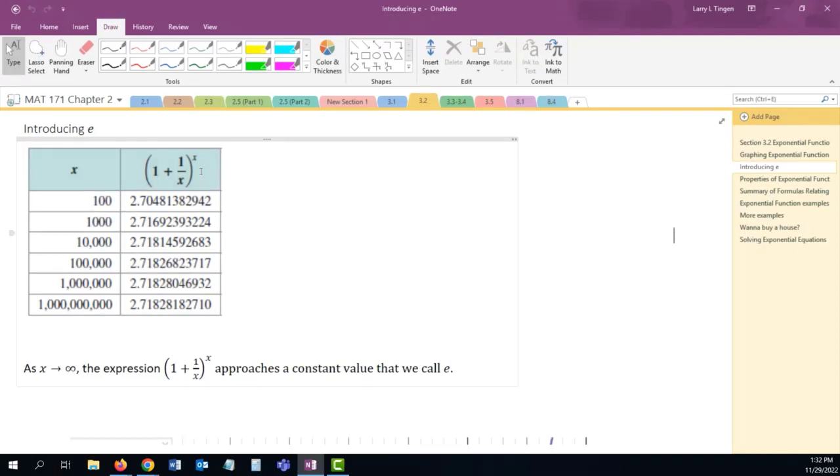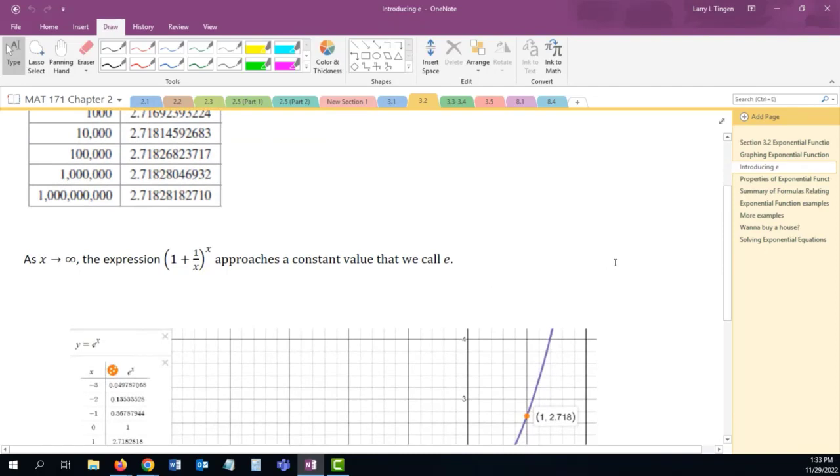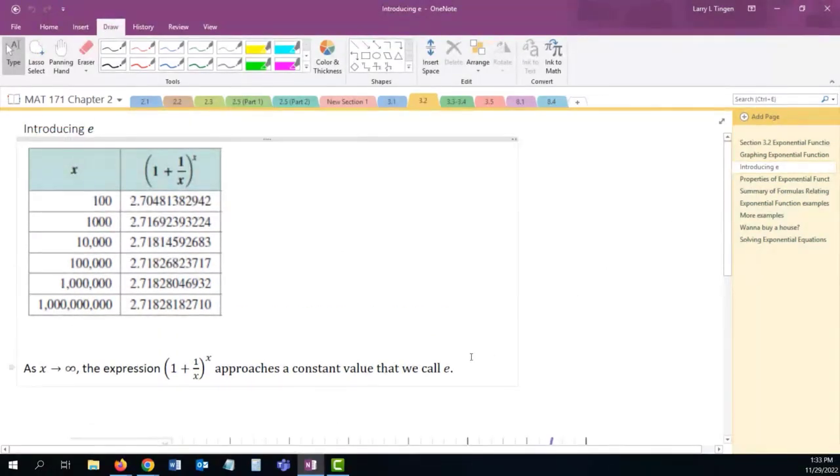It keeps getting closer and closer, but it never reaches it. Same thing's happening here. So as x goes off to infinity, it turns out 1 plus 1 over x to the x keeps getting closer and closer to the number E. All right, it'll never reach it, but that's the number. So this is where it comes from.